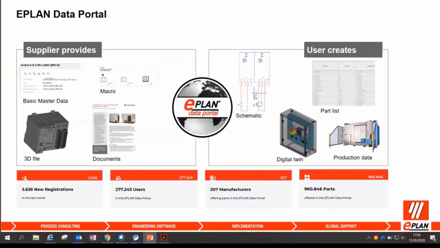Once again, I don't want to bore you with all these insights which Thomas and Josephine give you already. Just one short remark: the EPLAN Data Portal is an exchange platform for component manufacturers who provide their component data in the data portal, and all users of EPLAN can use this component data for their engineering processes and maybe for some other stuff, but this comes when we get to the Outlook section.